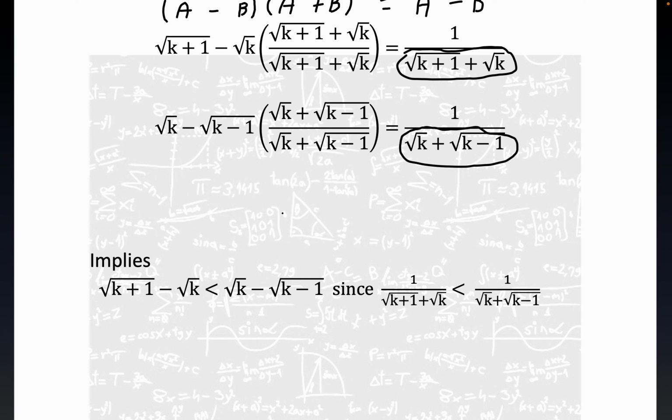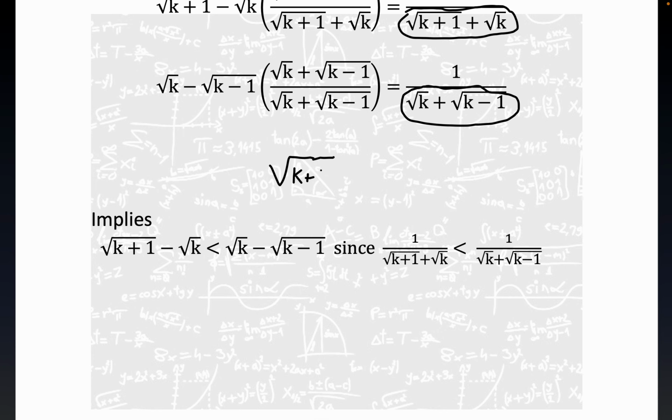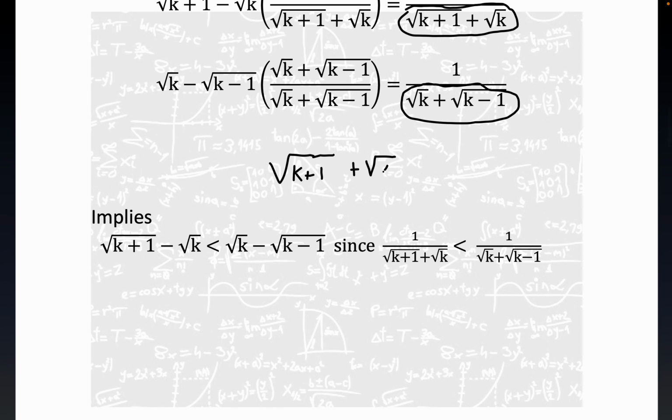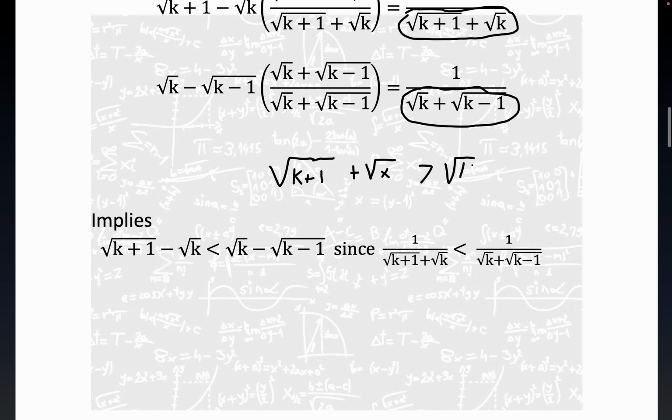I'll just go ahead and write that down. So what we have right here is the square root of k plus 1 plus the square root of k is strictly greater than the square root of k plus the square root of k minus 1.